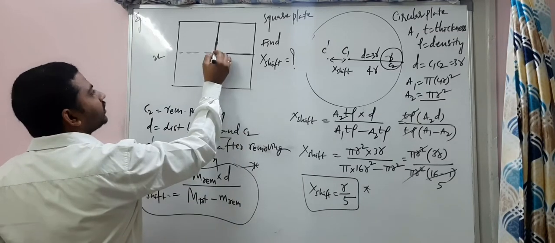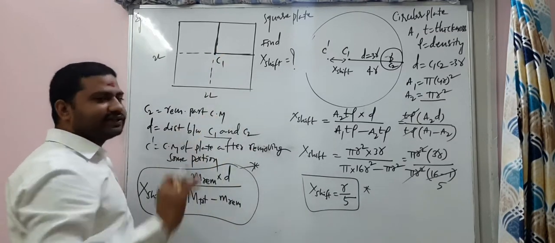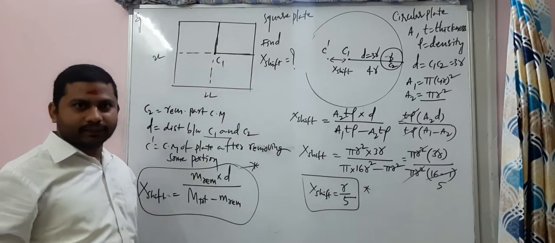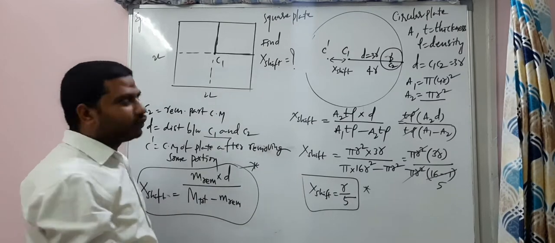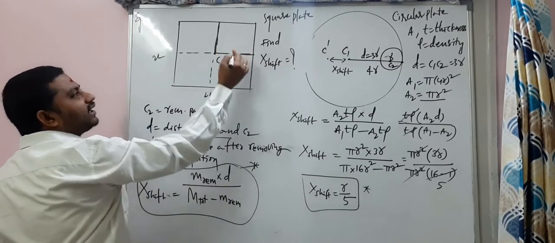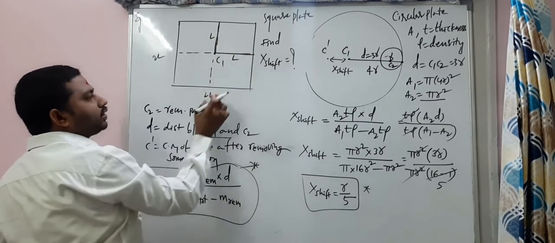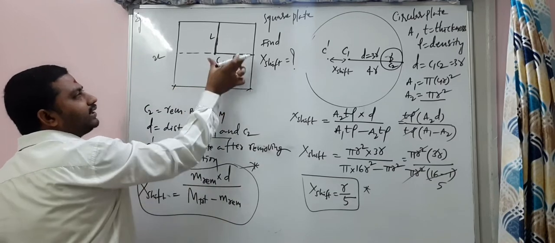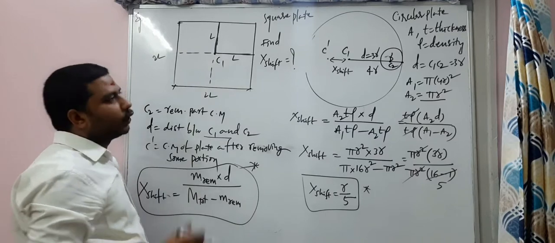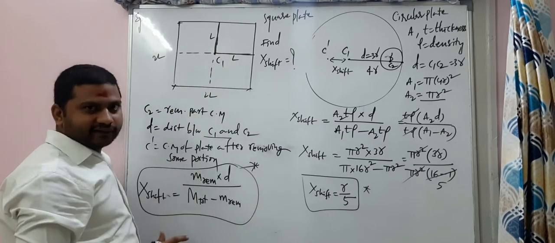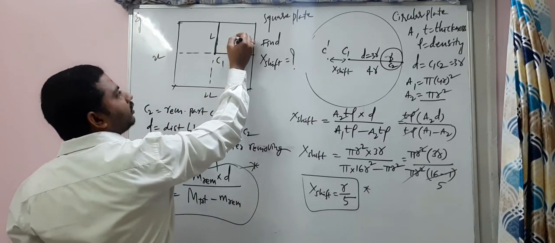So this is C1, the initial center of mass of the square before removing. Now this is the mass we are going to remove, and its area is L into L, because the side is 2L and from here to here it is L. Initial center of mass is C1, and the center of mass of the removed part will be here.